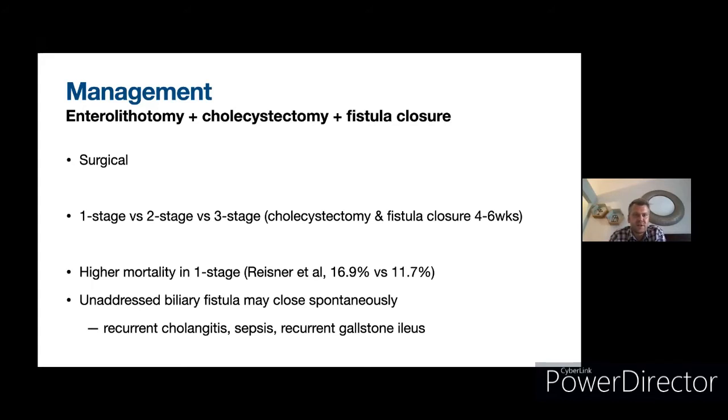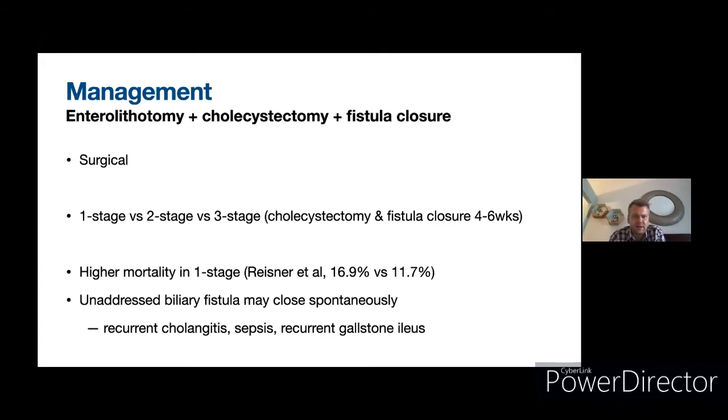The surgery essentially involves 3 different procedures: an enterolithotomy, a cholecystectomy, and then some sort of management of the fistula that's led to the gallstone ileus. So this can be performed as a 1-stage, a 2-stage, or a 3-stage procedure with, in the case of a 2-stage, the cholecystectomy and fistula closure following initial operation of about 4 to 6 weeks.